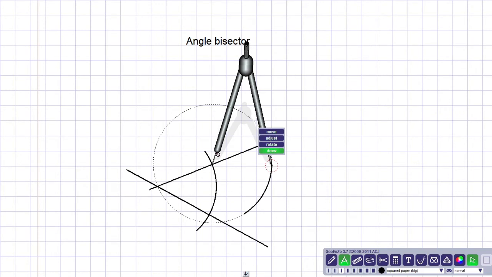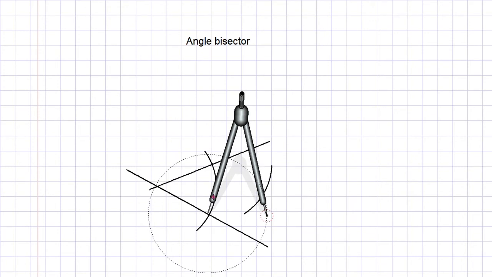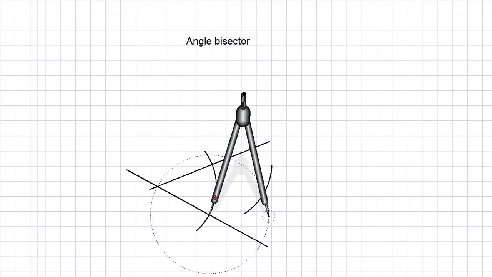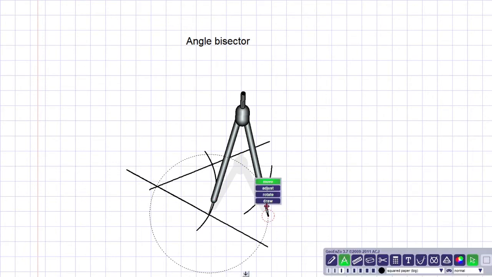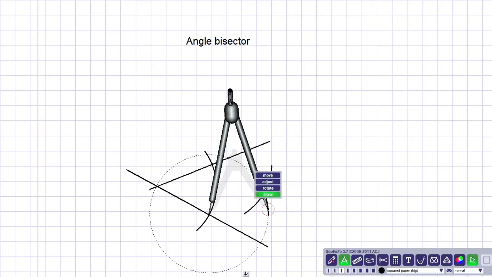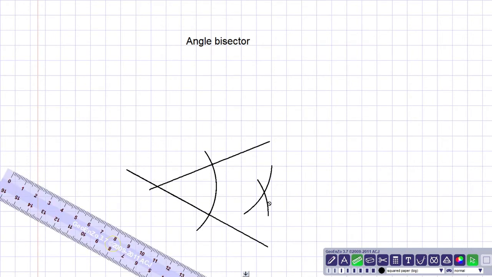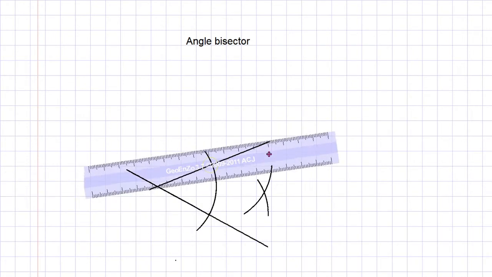Now, without changing the distance between the tip of the pencil and the tip of the compass, draw another arc by keeping the compass on this crossing point. Cross the previous arc. Now, you have to join this crossing point and this vertex. Using the ruler, let's join that.